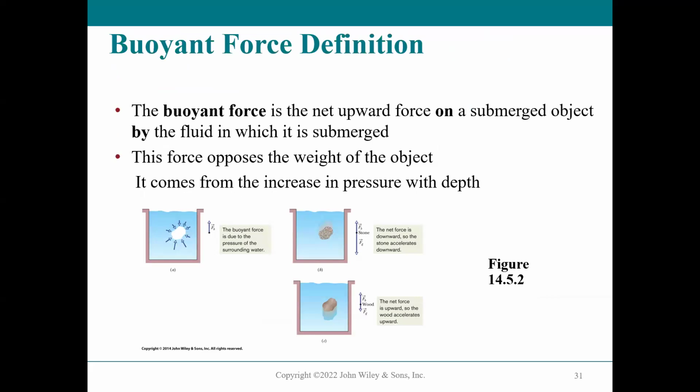So the buoyant force definition: the buoyant force is the net upward force on a submerged object by the fluid in which it is submerged. This force opposes the weight of the object, and it comes from the increase in pressure with depth.